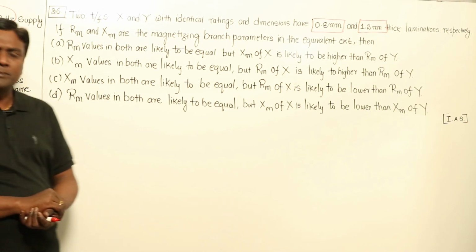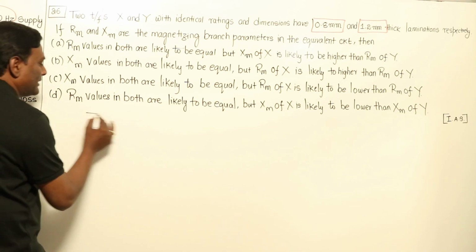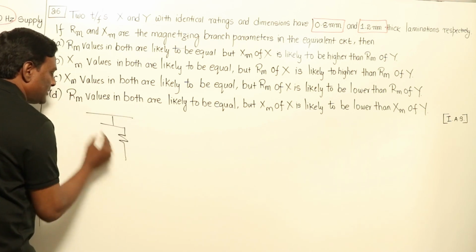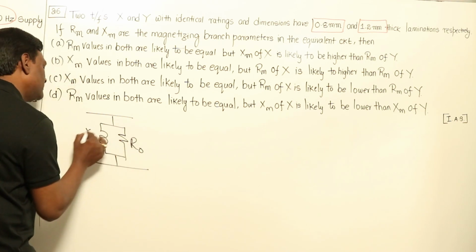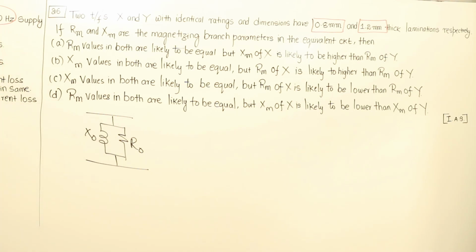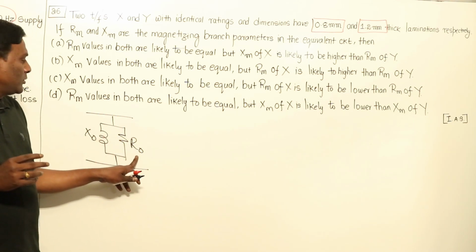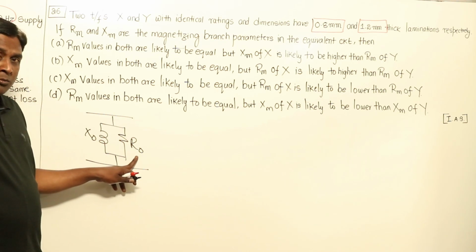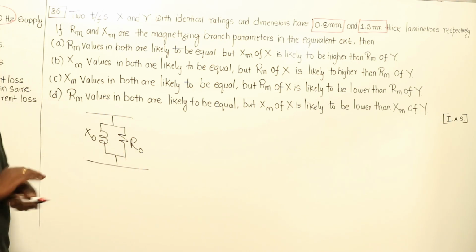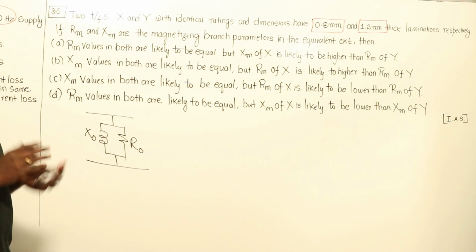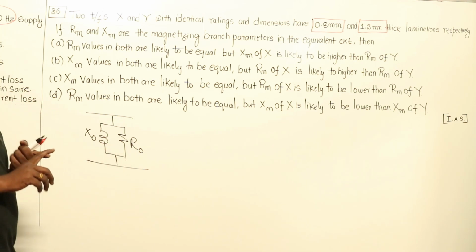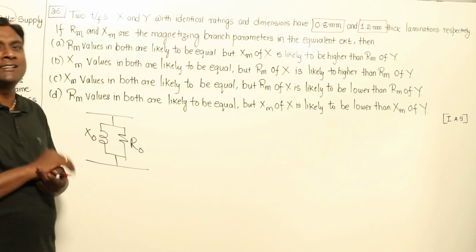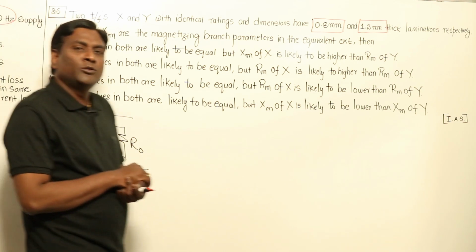As I discussed in my previous session, the moment anything is non-linear, for example we derived the shunt branch, this is going to be R0, and X0 also we discussed. The moment these parameters represent nonlinear properties, automatically variations in R0 and X0 will happen. It is not like network theory, resistor and inductor. R0 and X0 represent the magnetic and electrical properties of a magnetic material. So R0 and X0 values will vary.